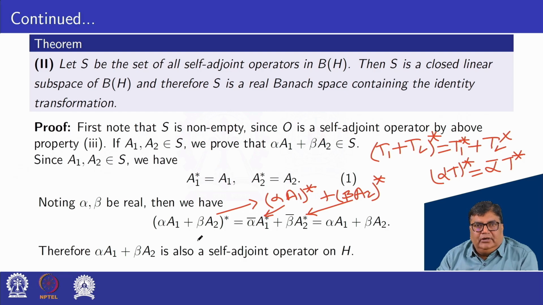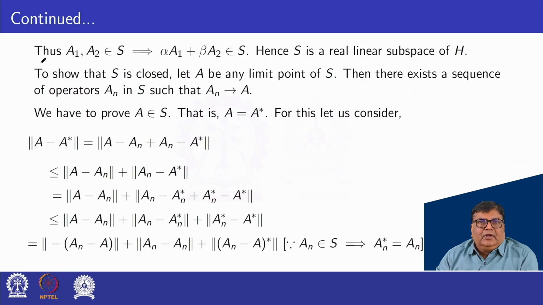So here alpha A1 plus beta A2 star is equal to alpha A1 plus beta A2. Therefore, alpha A1 plus beta A2 is a self-adjoint operator. Thus, A1, A2 belonging to S implies that alpha A1 plus beta A2 belonging to S. Hence, S is a real linear subspace of H.